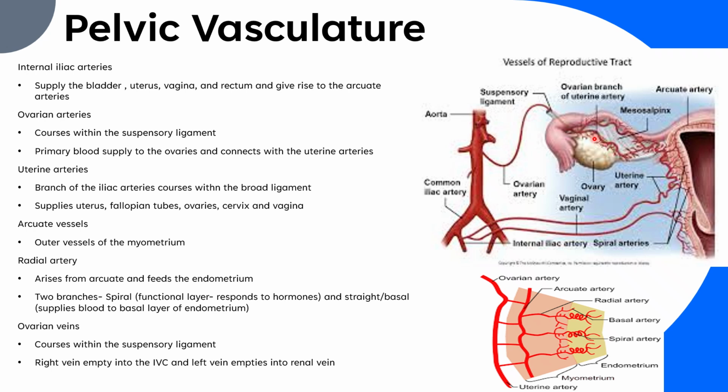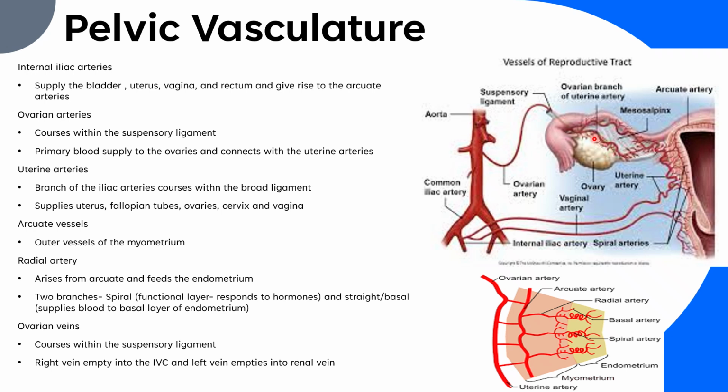So we've gotten blood to the uterus and the ovaries, but how are we getting blood out? Well, it's super easy. The same arteries that are going in are the same veins that are coming out. The only thing that we really need to remember is those ovarian veins, which is why I highlighted them here. So they're a little bit different.